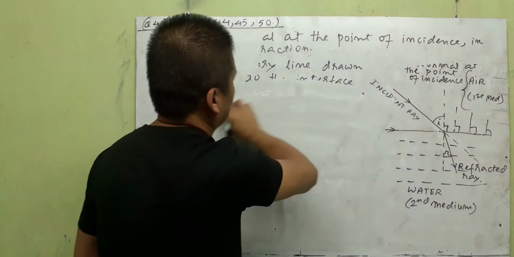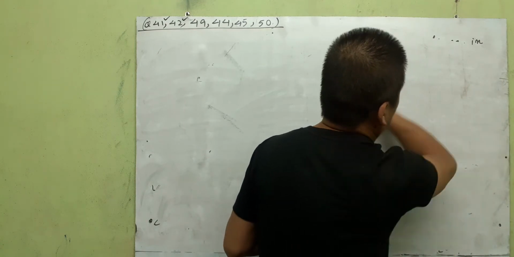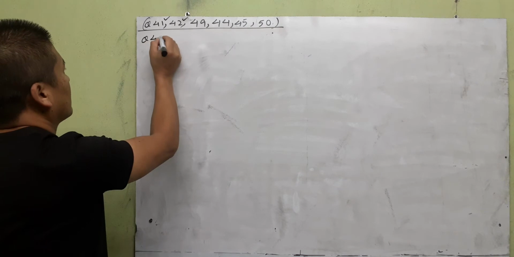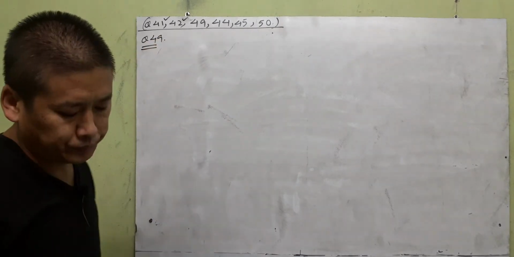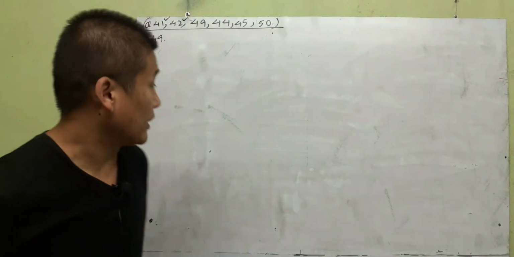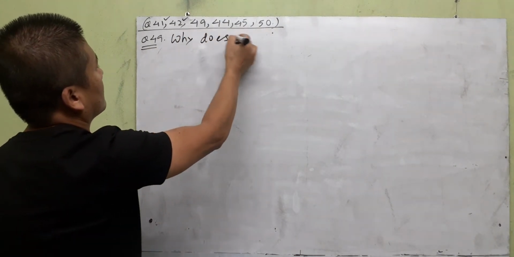Next is 49. So question number 49 is, let's see, what is this? These are all in your tuition note. Even if you don't have it, you can write it down by following this same thing. Why does refraction take place? That is the next question.